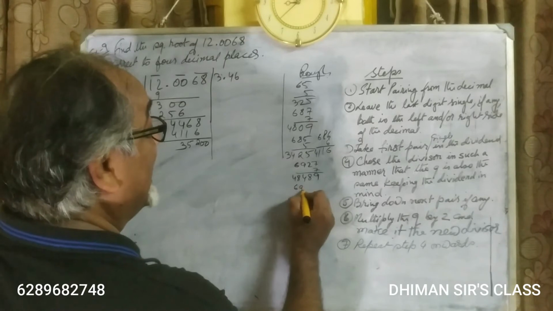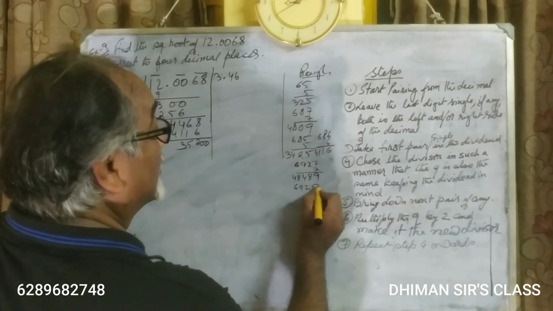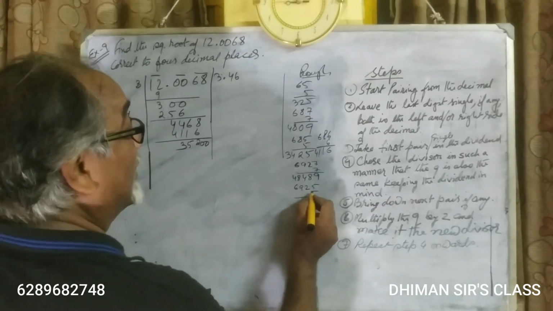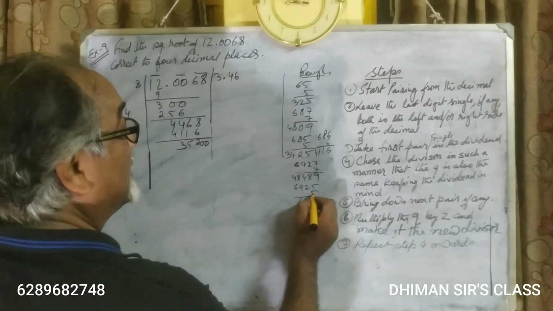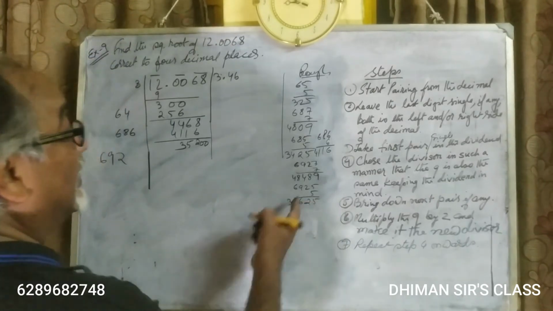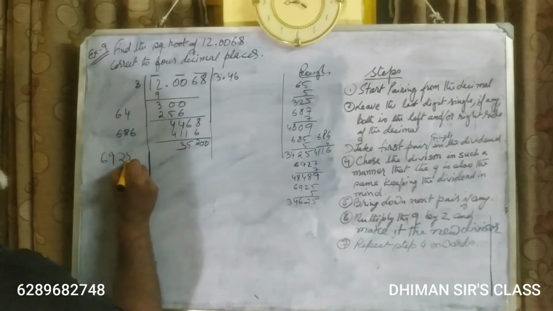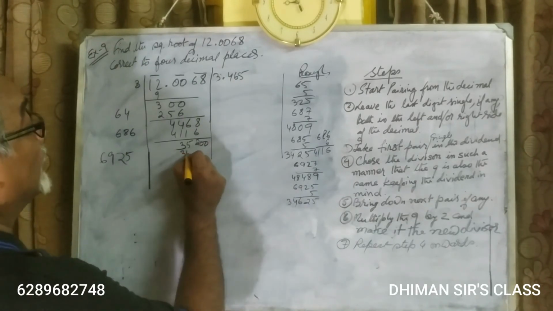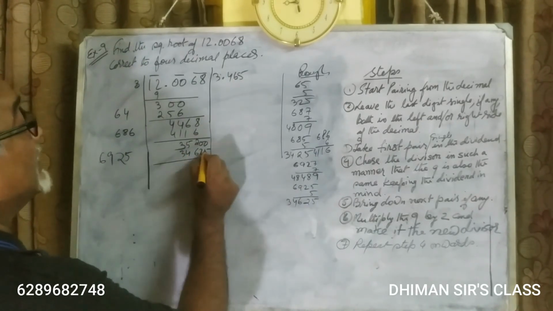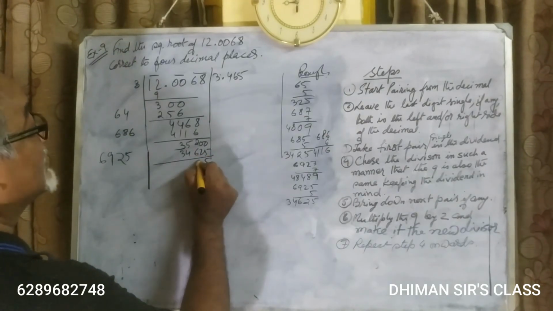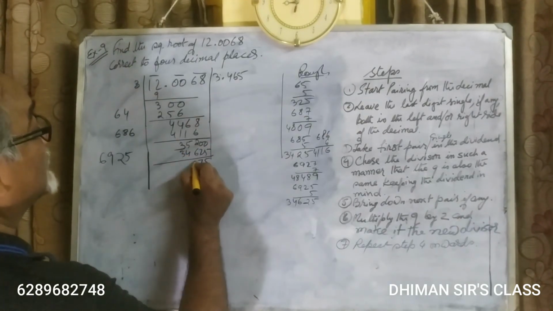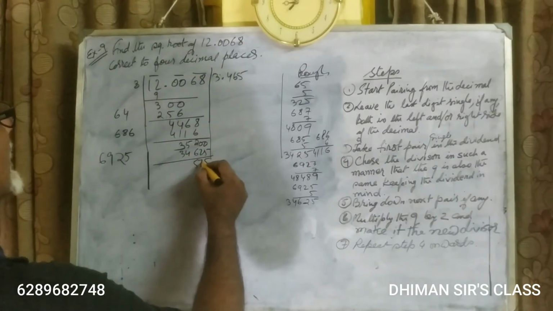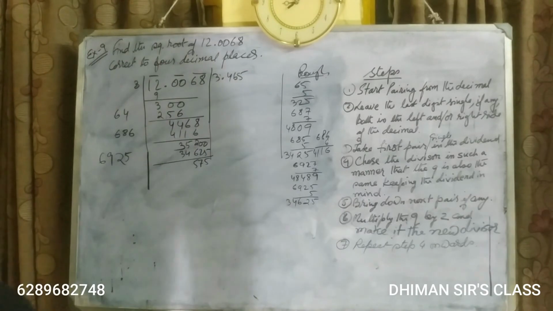So 692, 5, 5 5 are 25, carry 2, 5 are 10, 11, 12, carry 1, 45, 46, 5 6 are 30, 34. It's better. 5. 34625. 5 plus 5 is 10, carry 1, 3 plus 7 is 10, carry 1, 7 plus 5 is 12.